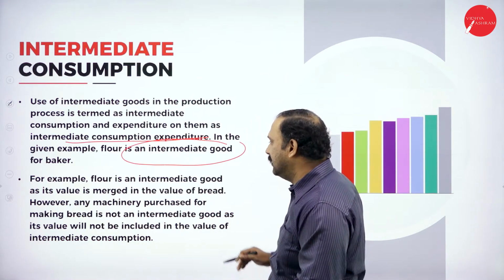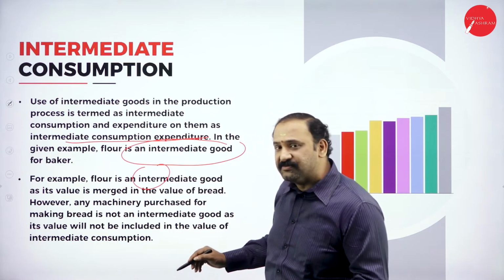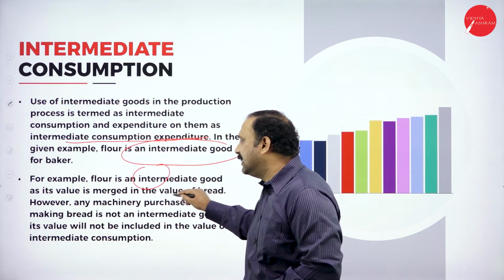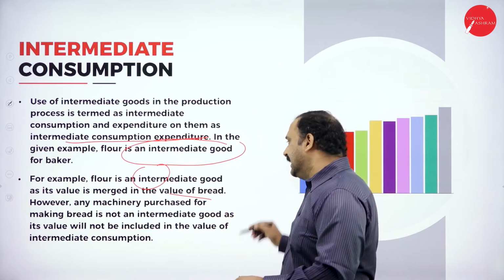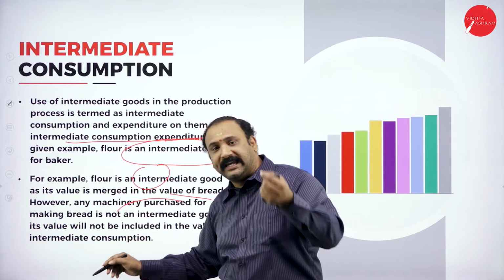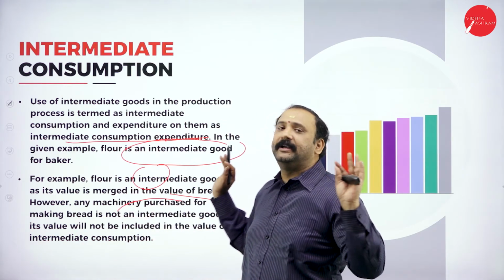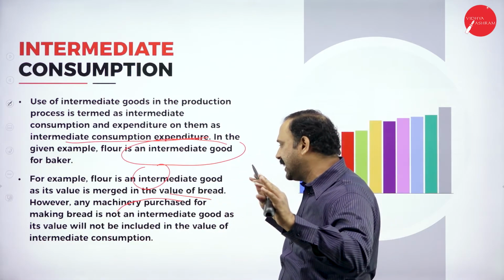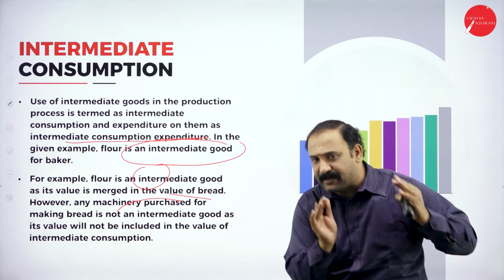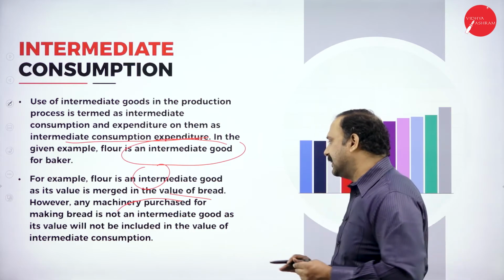Now, flour being an intermediate good, its value is merged in the value of bread. However, any machinery purchased for making that bread is not an intermediate good. Why? Because that is a separate standalone factor, capital investment.